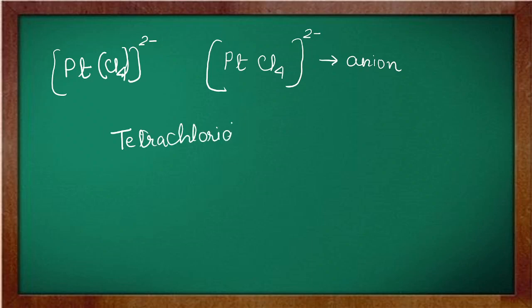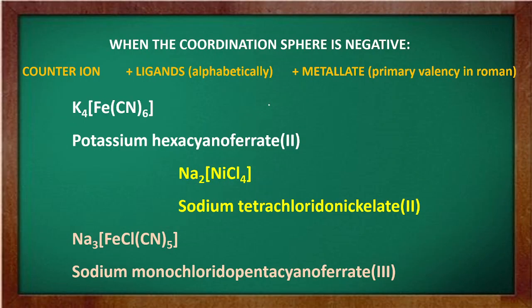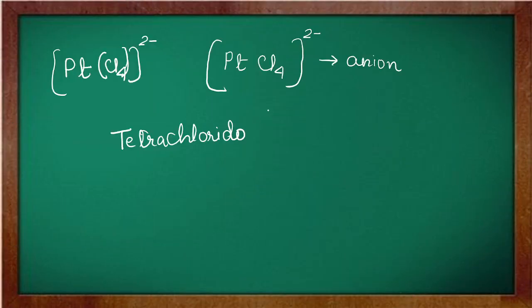Since only one type of ligand is present, we are done with the ligand. So now tetrachlorido. After the ligand we have to write the metal in the metallate form. What is the metal? The metal is platinum, so platinum will become platinate.